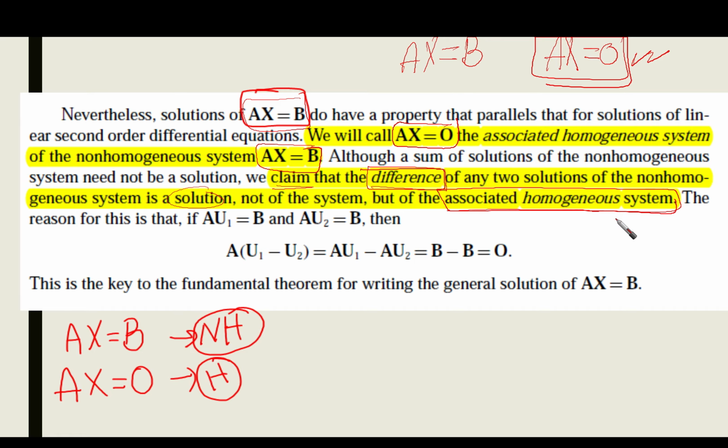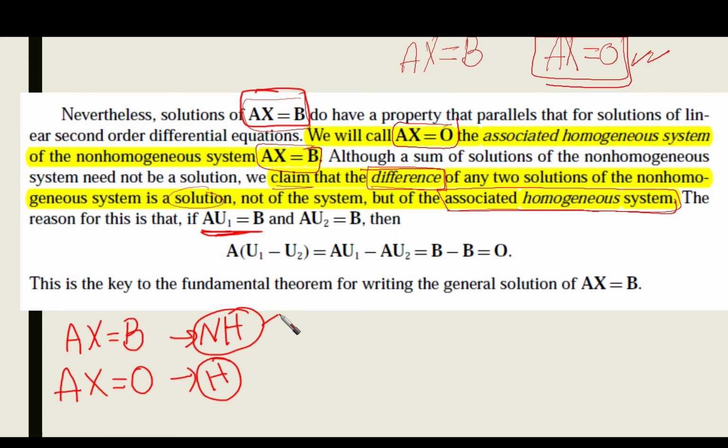So what is the meaning of this? Let's assume that we have a first solution of the system. Let's assume that we have AX equal B. This is the system. We will replace this X with the solution. We call this solution u1. So A u1 equal to B. And we are going to claim that there is another solution for this non-homogeneous system, which is going to be u2.